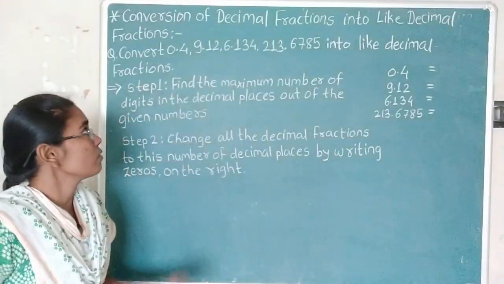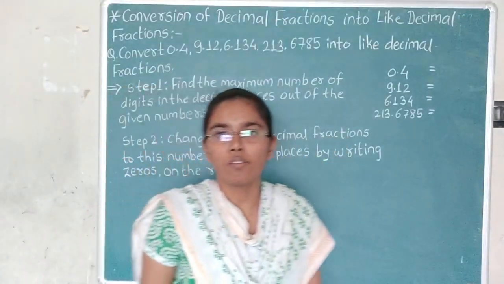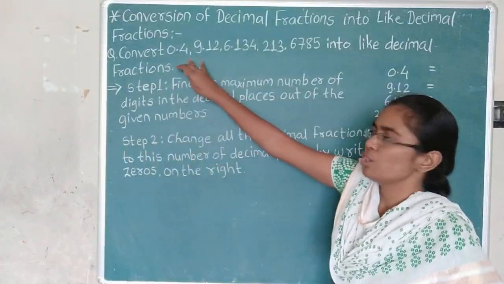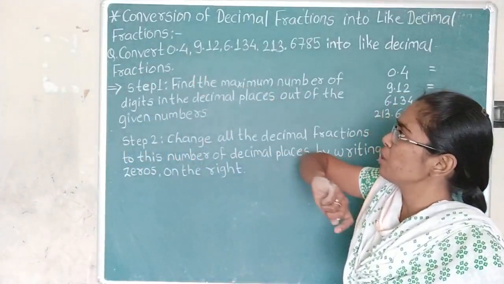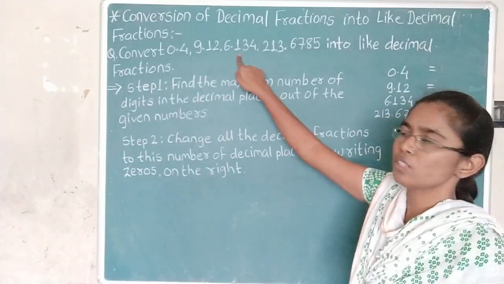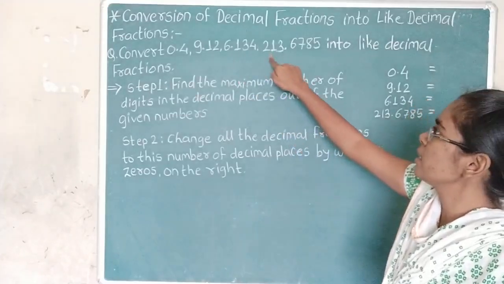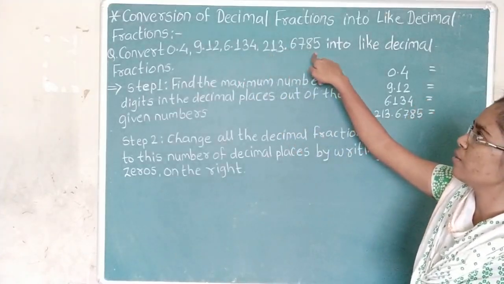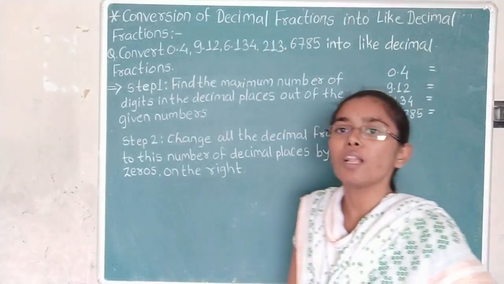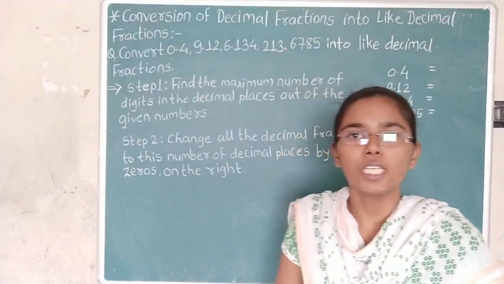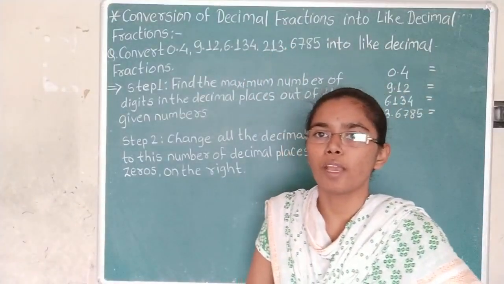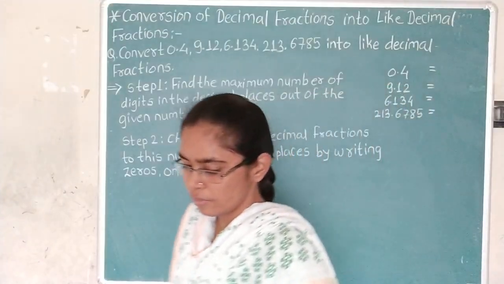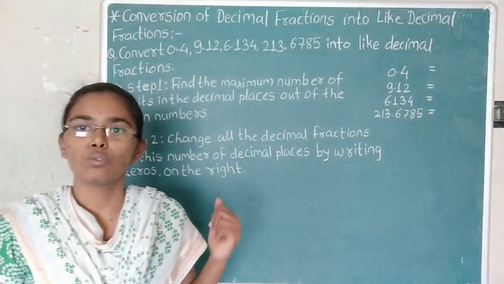So here we have taken an example. Here we want to convert these decimals, that is 0.4, 9.12, 6.134, 213.6785 into like decimal fractions. For converting given decimals into like decimal fractions, we have to follow 2 steps.